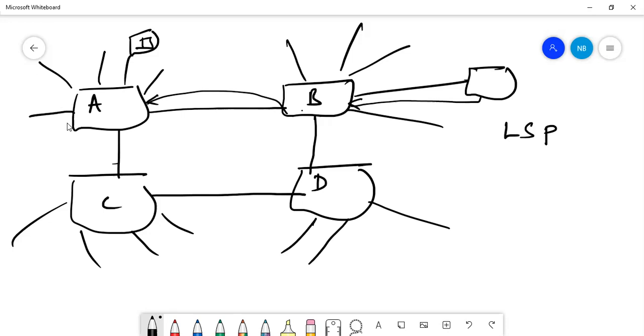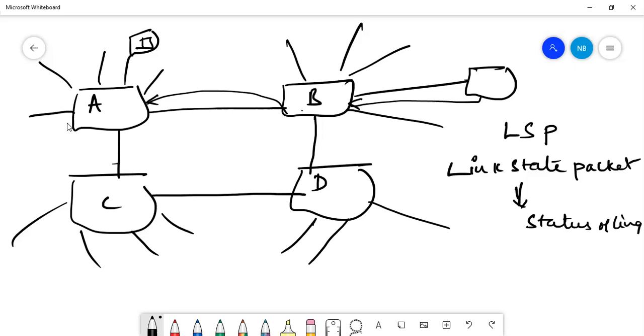LSP is nothing but link state packet. LSPs contain information about the status of the link of the router.